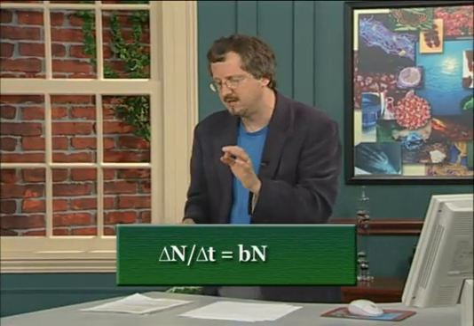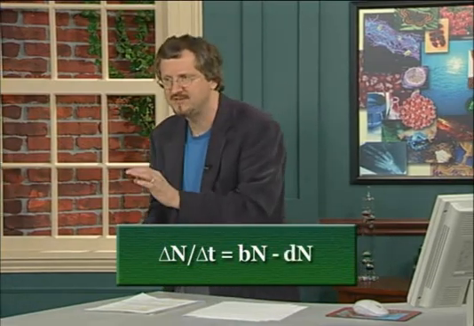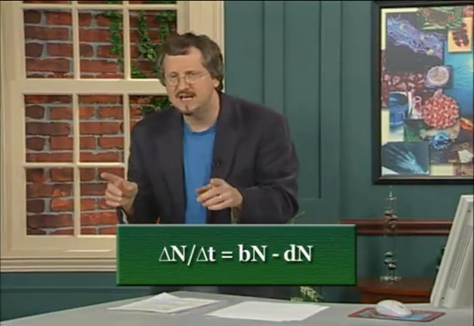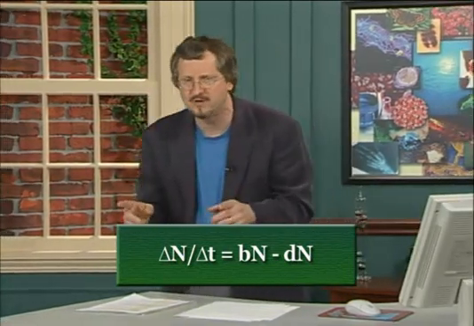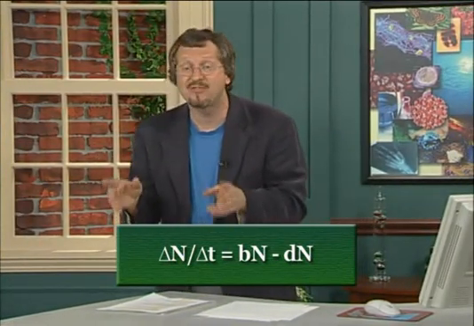We'd write an equation that had on the left side of the equation delta n over delta t, and we put on the right side of the equation, say delta n over delta t equals small b times n minus small d times n. Now I've changed the b and the d to lowercase letters in this case, because what we're doing is we're not talking about absolute numbers of births and deaths, but birth and death rates.